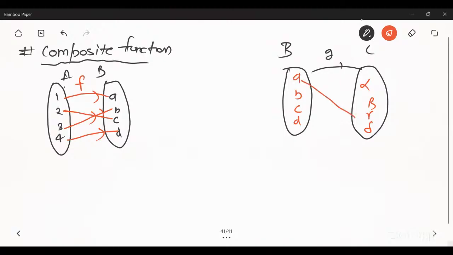A is related to delta, C is related to gamma, B is related to alpha, and B is related to gamma, and D is related to beta. Okay. Now, what is a composite function? That means f of G. So f of G means a function from A to C.